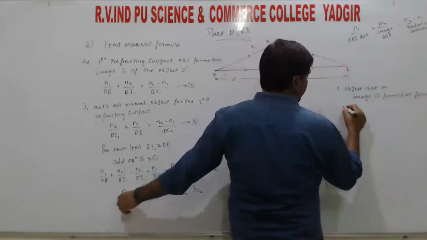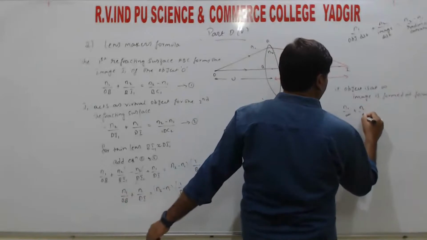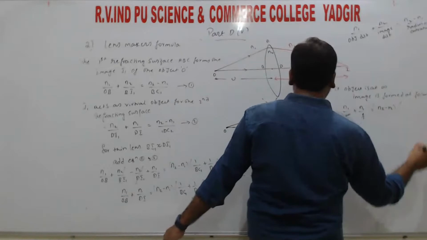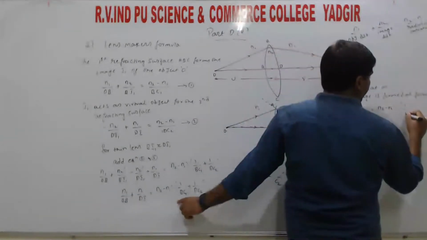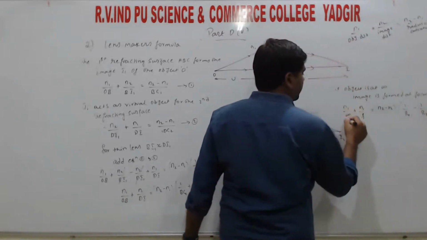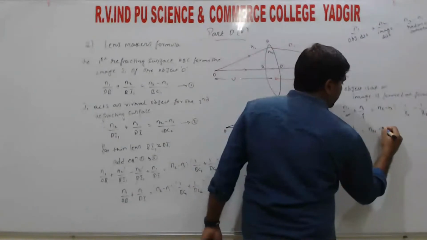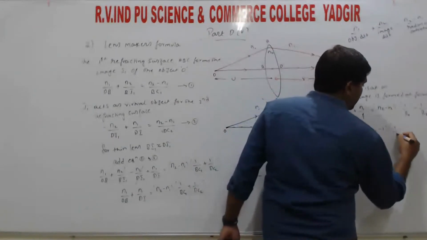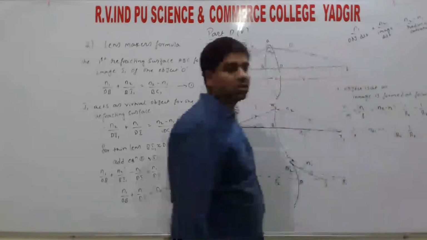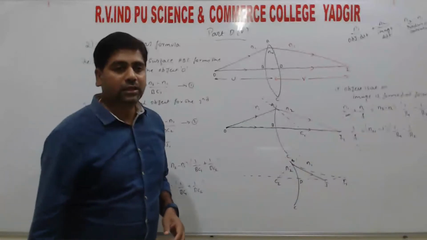Hence n1 by infinity plus n1 by f equals n2 minus n1 into 1 by R1 minus 1 by R2, so the first term becomes 0. So 1 by f equals n2 by n1 minus 1 into 1 by R1 minus 1 by R2. So this is the lens maker's formula, right? The remaining we will discuss in our next class.